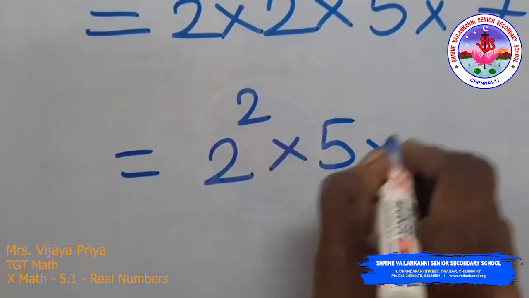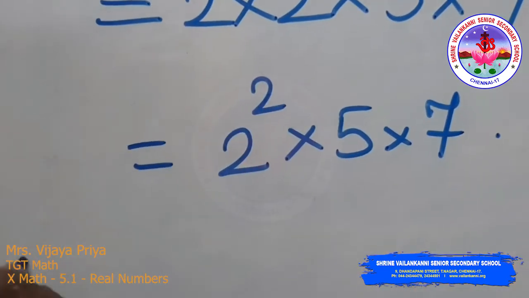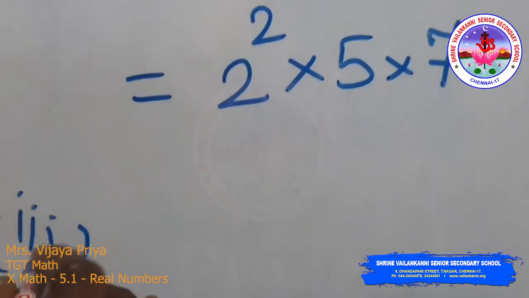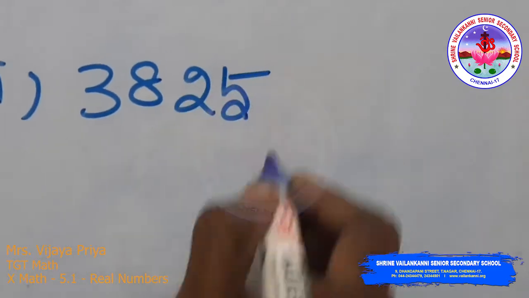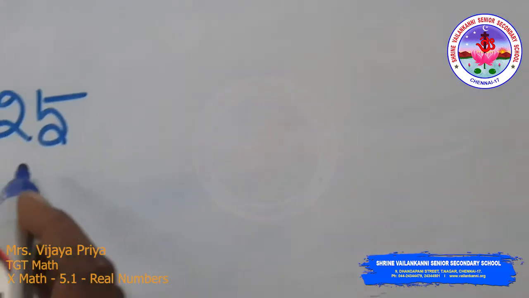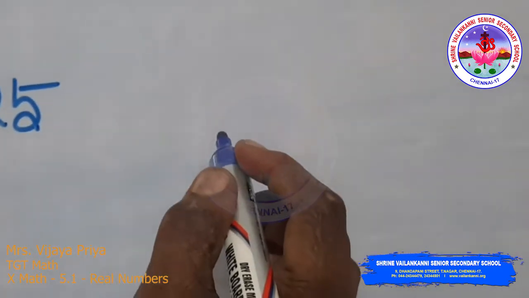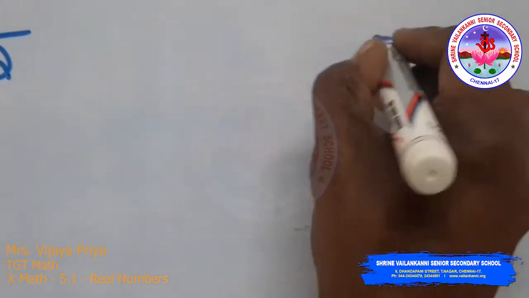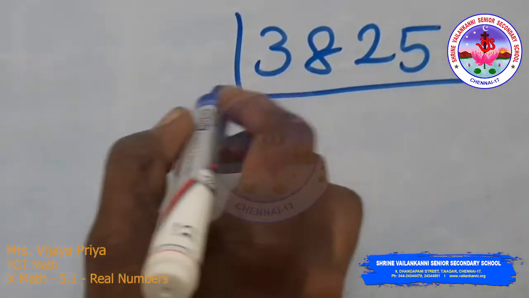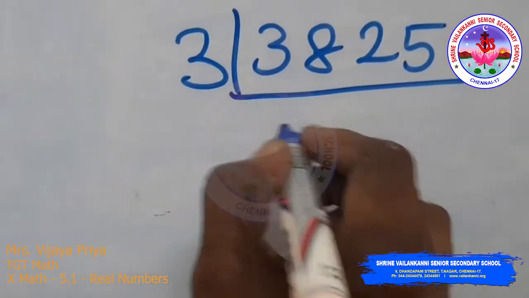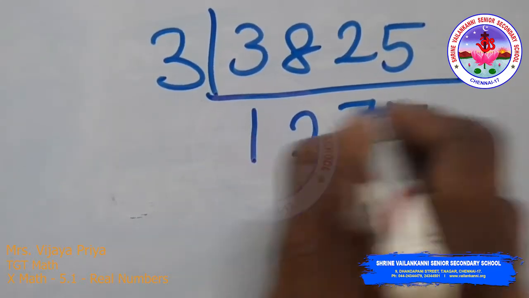Now going to the third problem, he has given the number 3825. Using prime factorization, I want to find its prime factors and then write it as a product of its prime factors. 3825, 3 times, so you will have 1275.